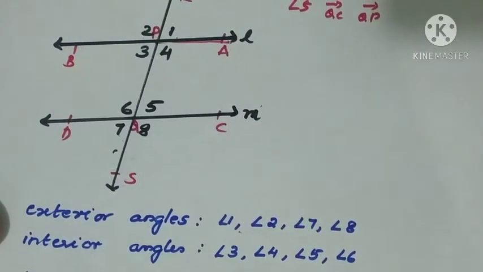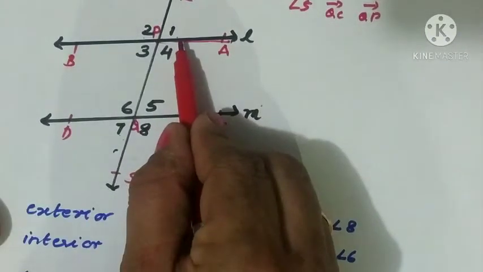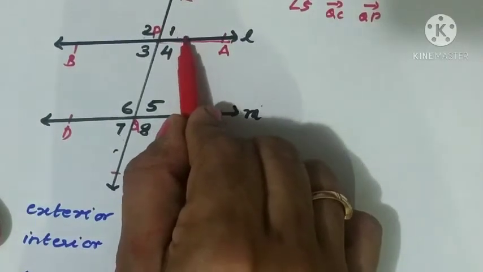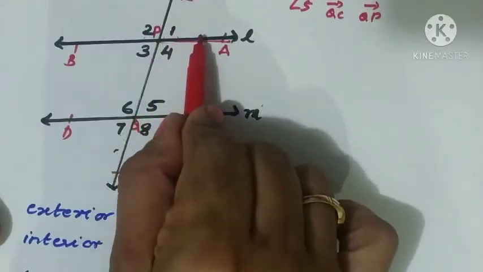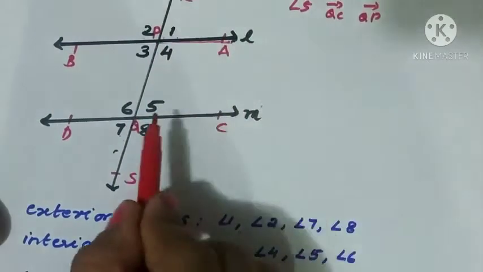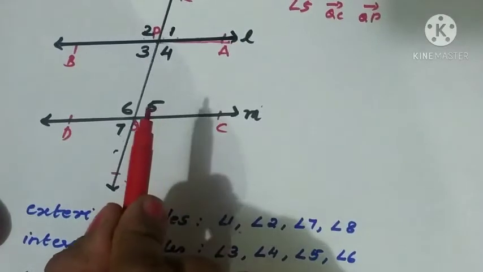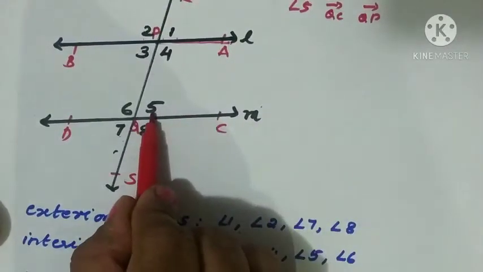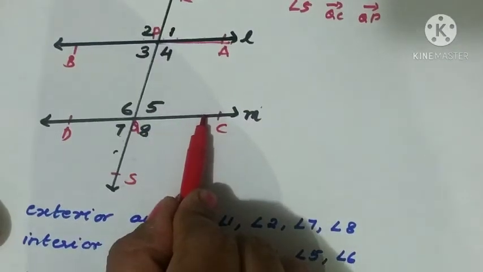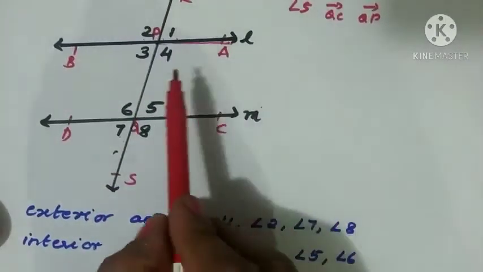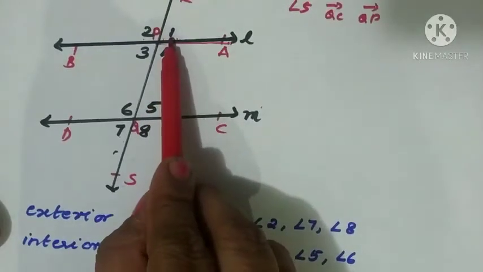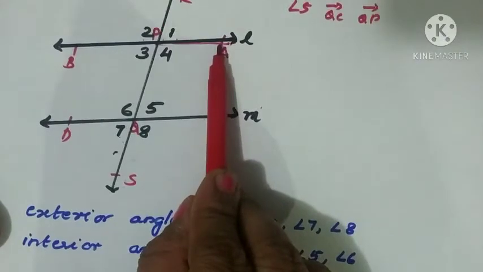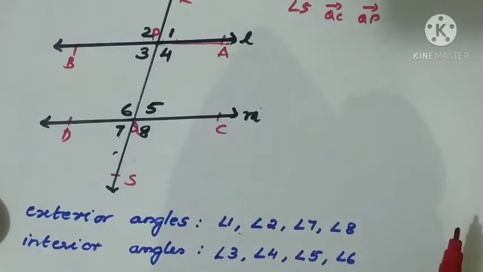Or else we can say angle 1 is formed above the first line and right side of the transversal. Similarly, angle 5 is in the same place with respect to the second line only. Angle 5 is formed above the second line and right side of the transversal. That means angle 5 lies in the same place as angle 1, but the change is that 1 is with respect to the first line and 5 is with respect to the second line.